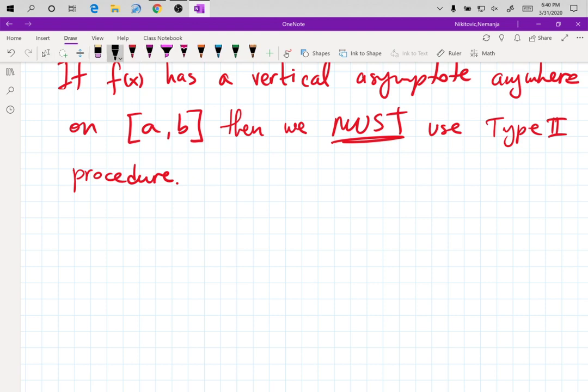All right. Our example from earlier was, I believe, the integral from 0 to 5 of 1 over x minus 3 dx.